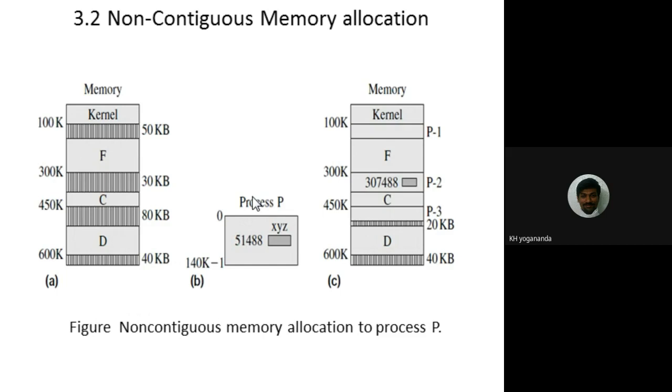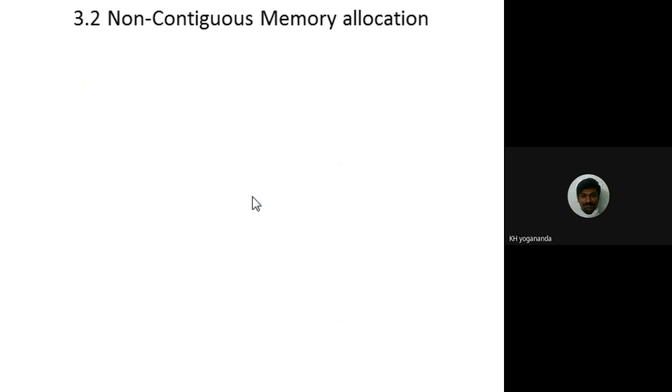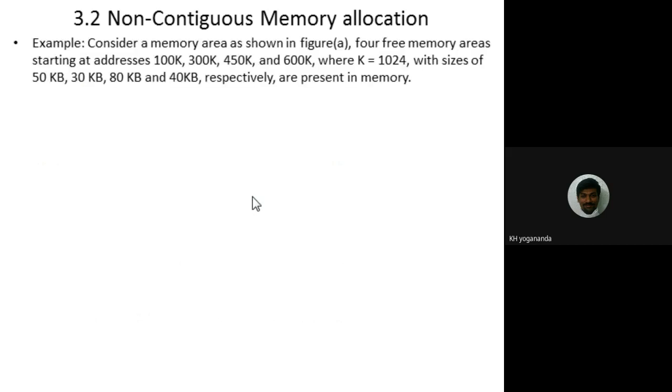There are three figures. Let us explore by taking an example. Let us consider an example where a memory area has 4 free memory areas. Their starting addresses are 100K, 300K, 450K, and 600K. We know that K is equal to 1024.